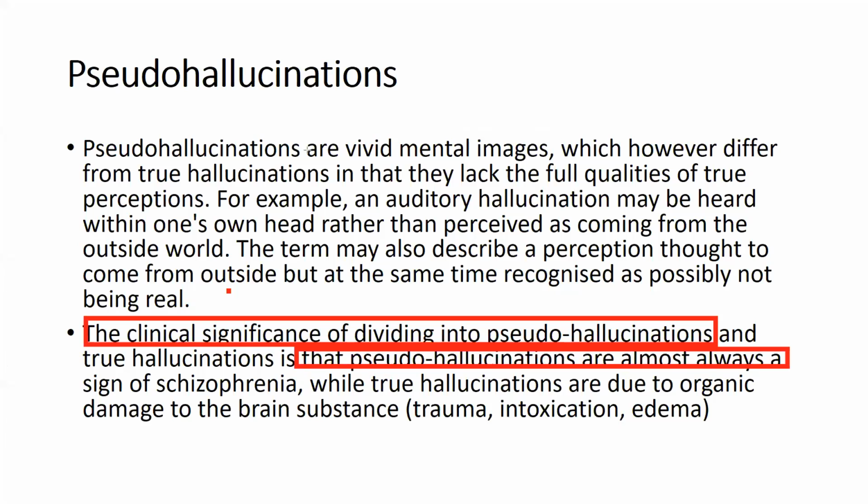Pseudo hallucinations are present in schizophrenia, and true or real hallucinations are present in some kinds of psychiatric consequences of brain damage, trauma, intoxication, or edema. So, how to distinguish one from another?